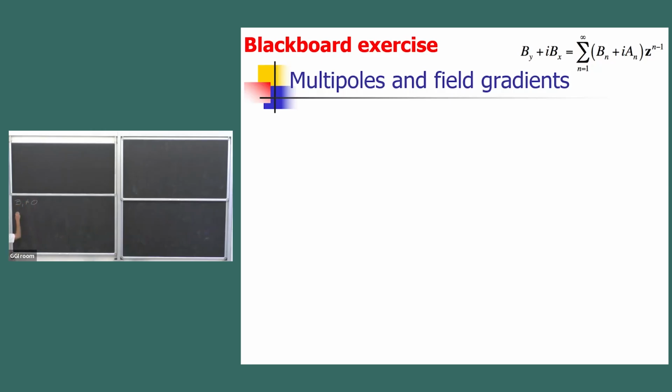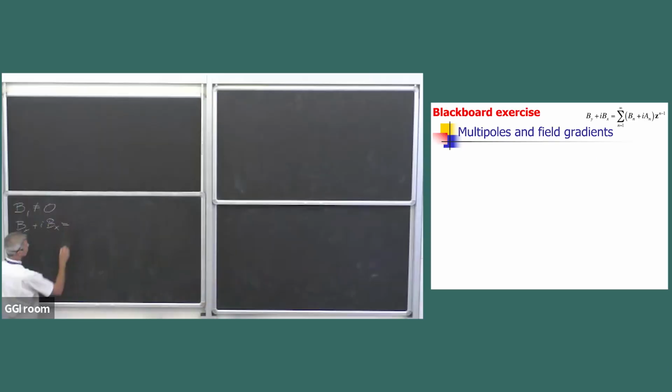Okay, that's easy because then I get By plus iBx equal to the series of, there's only one term, B1 times z to the power 0. Okay, that's a constant, that's 1. So essentially, if I equate now the real and imaginary terms, very simple, By equals B1, Bx equals 0.